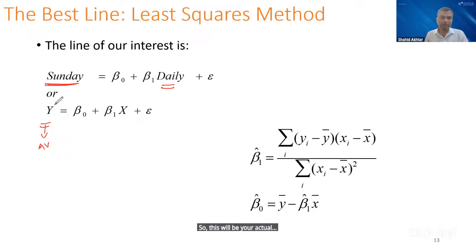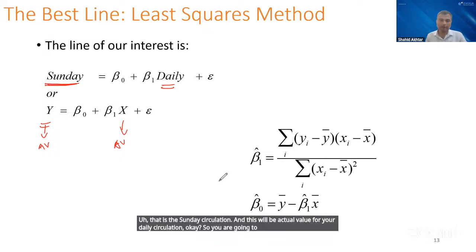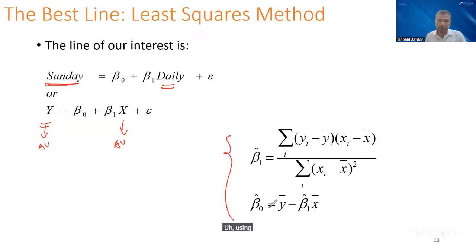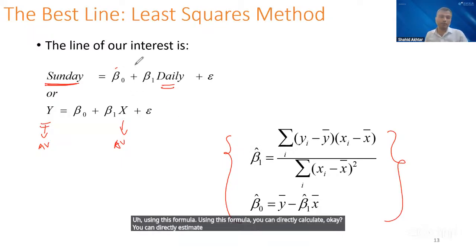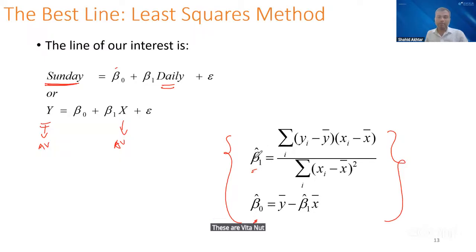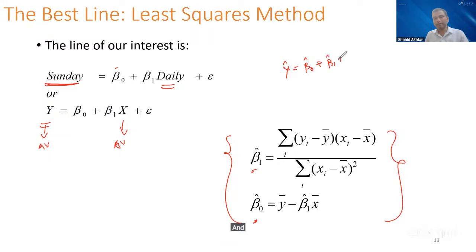You are going to minimize this one, and using this formula you can directly estimate beta naught and beta 1. These are beta naught and beta 1, but just estimated, so you can write beta naught this and beta 1 this.